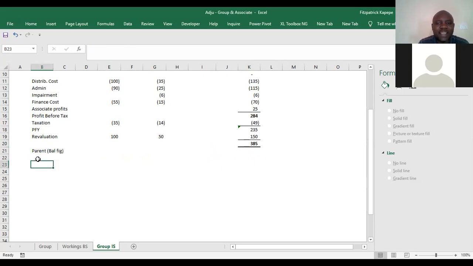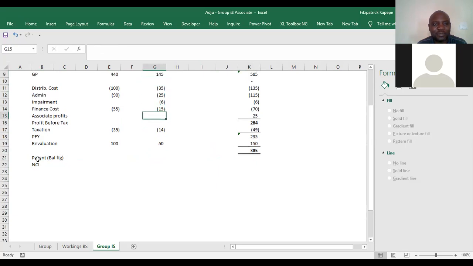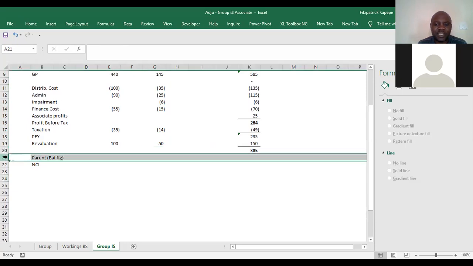Okay. But then we have for the NCI. So for the NCI, I'll come here. We'll need to find the percentage for the NCI from here. For the total, let me take them down.